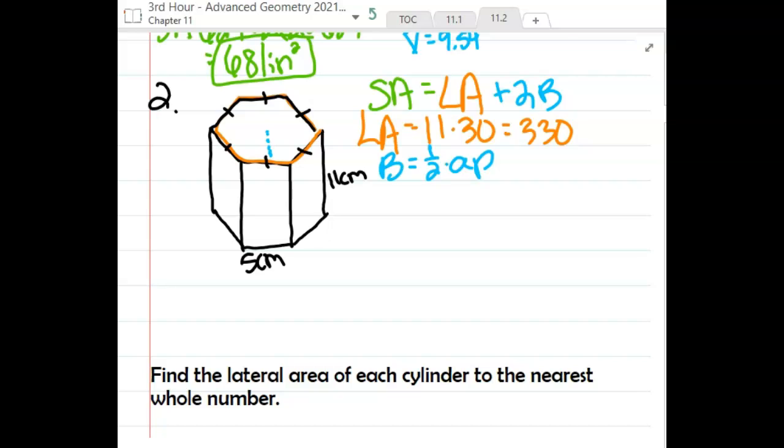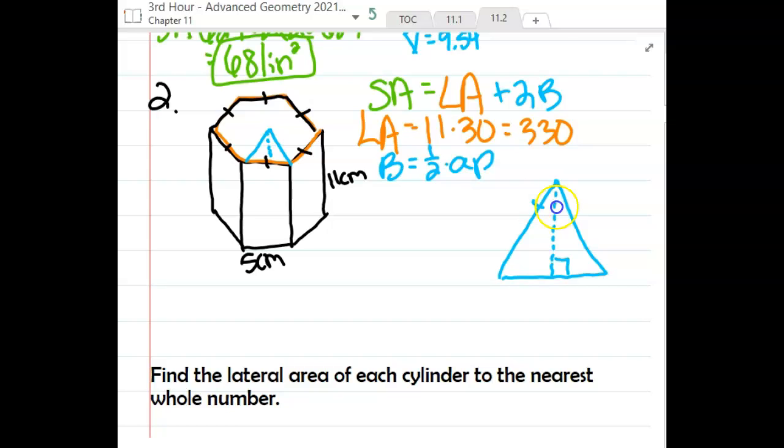So remember what we did here is we created triangles. So I split this and this. And I created this triangle here. And I'm looking for the apothem. But what we also did is we first found this top angle here. So I took 360 divided by how many triangles? 6 triangles.